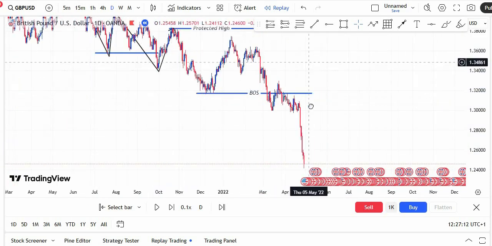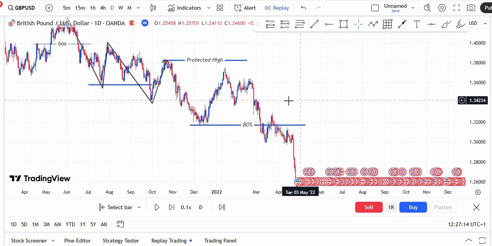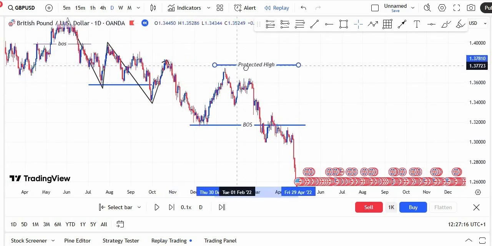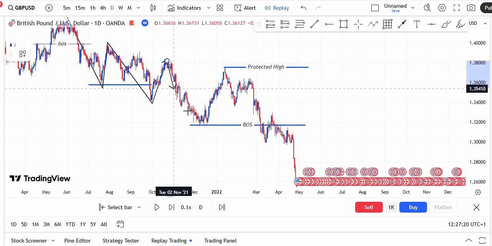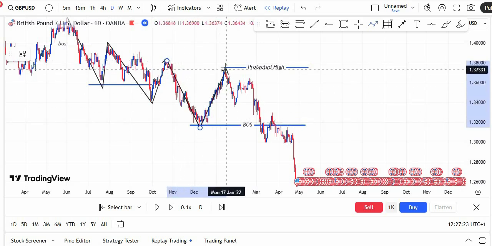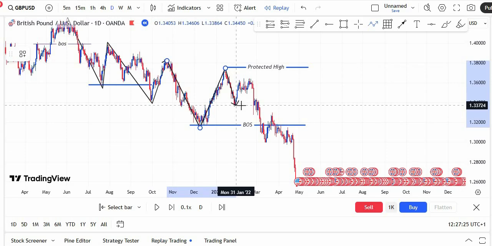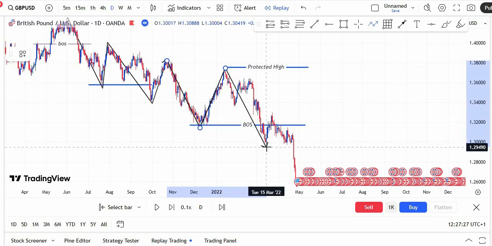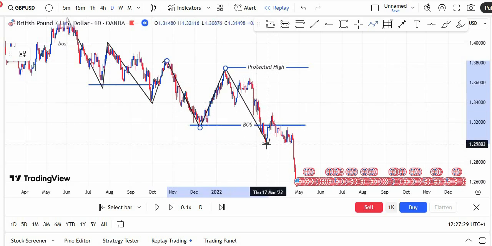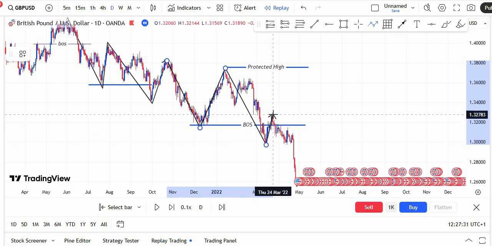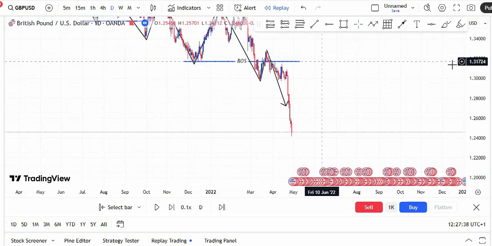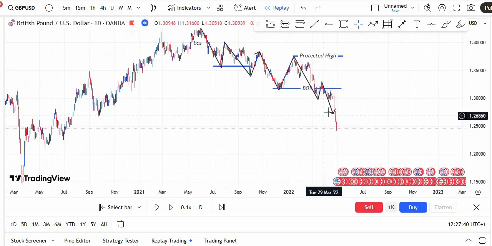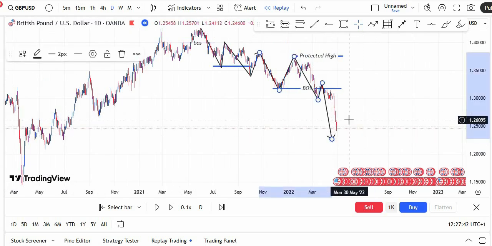So now as you can see, we have a break of structure. Our next protected high will be this. Me drawing the line continuously is going to be okay to test the protected high, and I think we can regard this as another one, because it had a break of structure, then we test a little bit, and now it goes down up to this point.